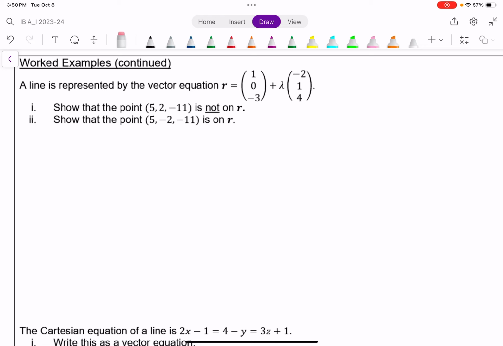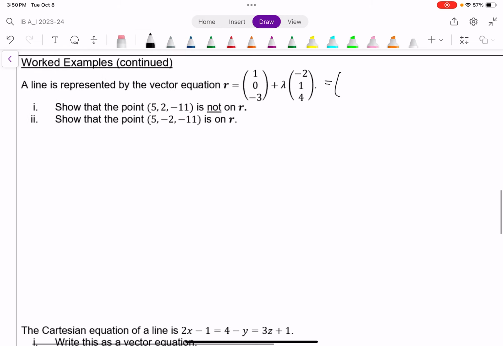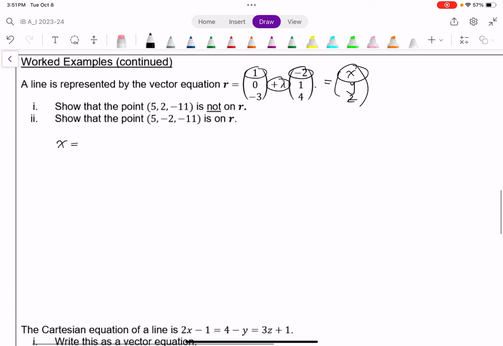Imagine all of this equal to some x, some y, some z, and so x is the same as 1 plus lambda times -2, or I can say x equals 1 minus 2 lambda, just like we did before. Likewise, I can say y equals just lambda, and z equals -3 plus 4 lambda.